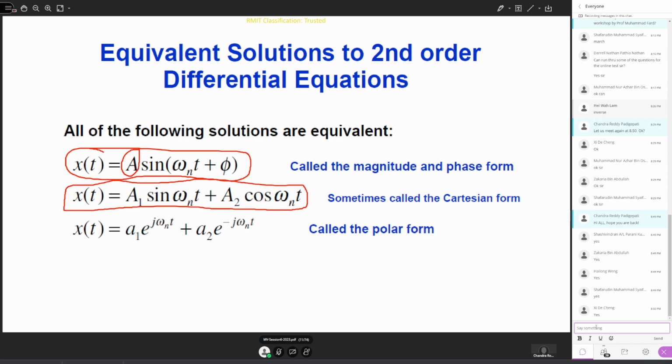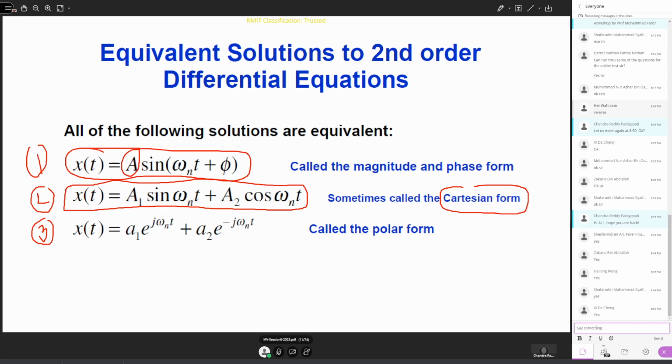So we can also write in terms of a sine and cosine function. So this is called the Cartesian form of the solution. So here A1, A2 are the constants. So you are representing both the sine harmonic function and cosine harmonic function. Okay, so this equation 1, equation 2, and equation 3 all are the same. So mathematically, there's no difference among the three equations.